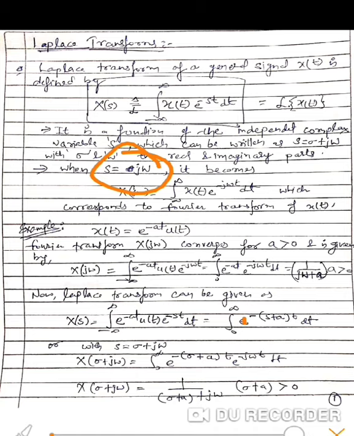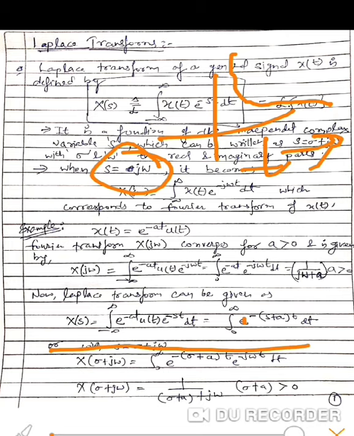As the time approaches infinity, our function e raised to power minus at approaches 0. So if we want to calculate the Laplace transform of this function, we can use the formula X(s) is equal to the integral of e raised to power minus at u(t) into e raised to power minus st dt, and the limit is minus infinity to infinity.